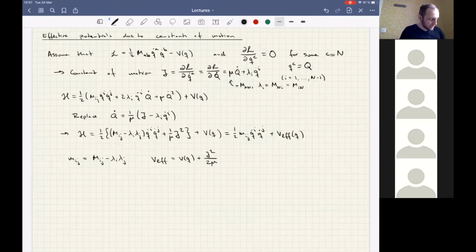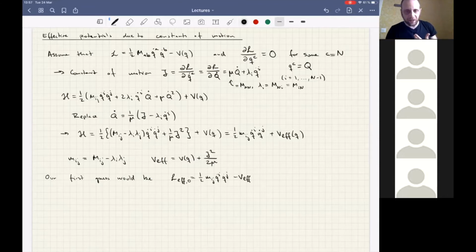And the answer is no. So just to say that our first guess would be that our effective Lagrangian would be equal to 1/2 Mij Q dot I Q dot J minus the effective potential. So I'm going to call it Lagrangian effective 0. So that would be our first guess.